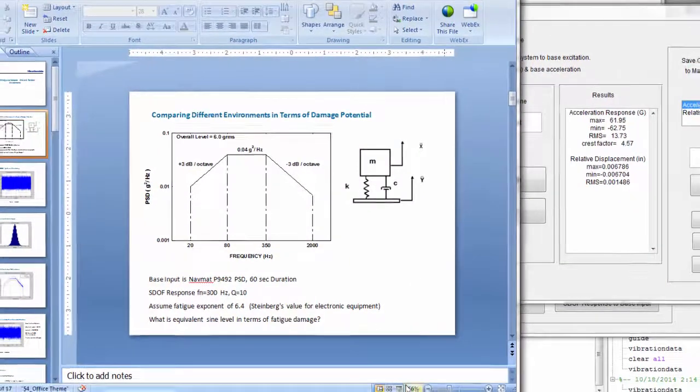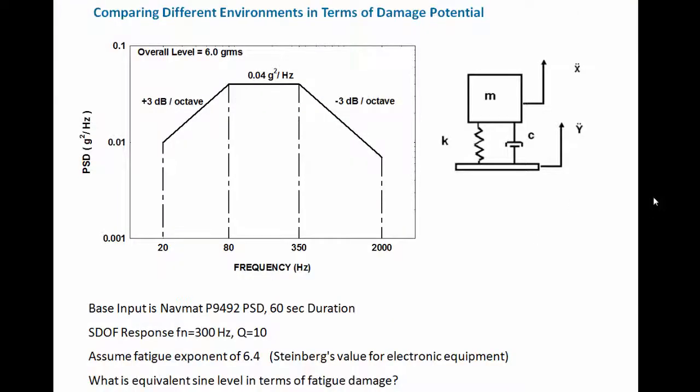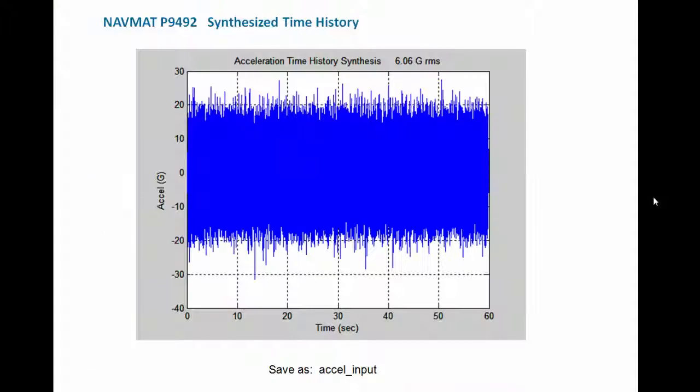So let's see, what do we have on the slides? So we had our NavMat base input PSD. We synthesized an acceleration time history. Now, as I usually mention, this is the slide version, and the one I just demonstrated may be slightly different just due to random number seed generation and planetary alignment and all those things. But the key statistical parameters are all the same.